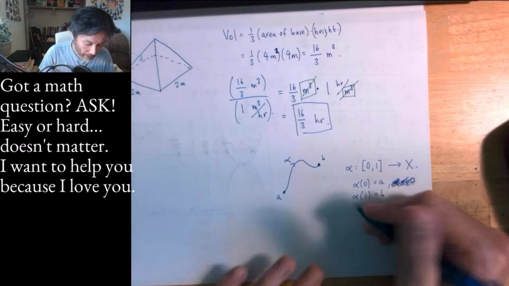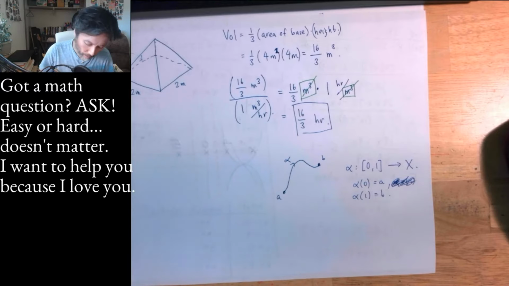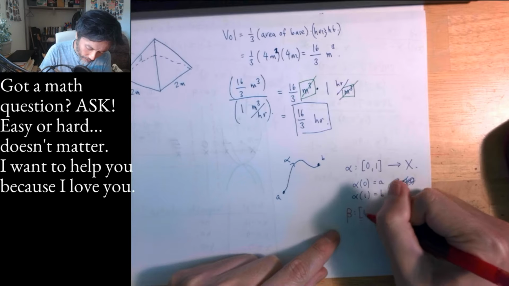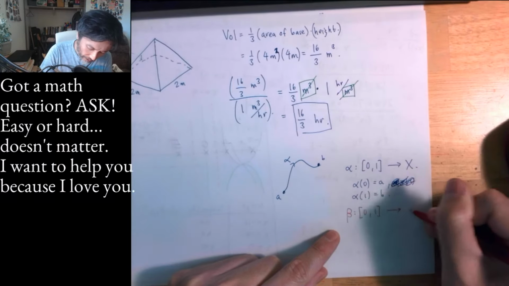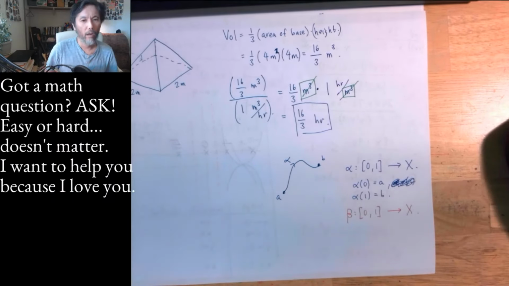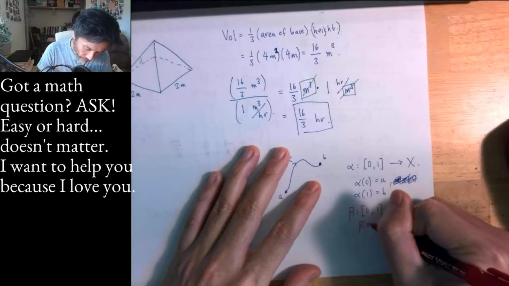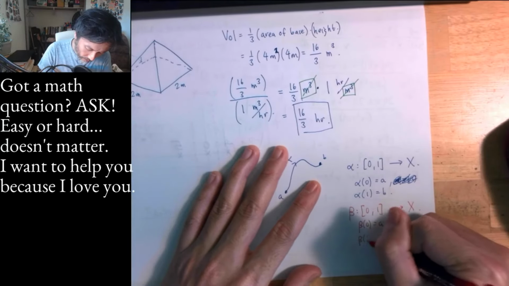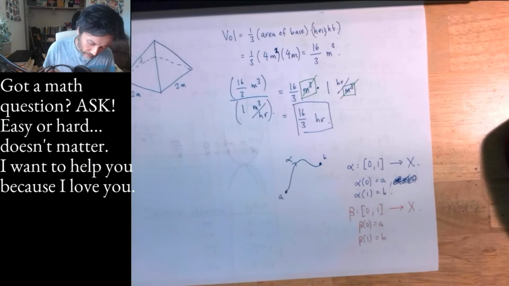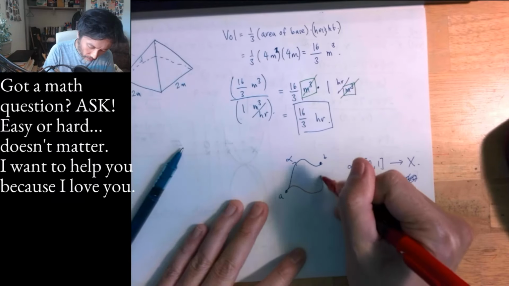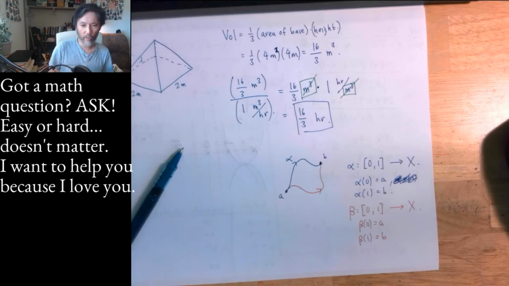Now, you can also imagine another path, beta, which goes from 0 to 1 into X, and which has the same beginning and end point. So beta of 0 is equal to A, and beta of 1 is equal to B. Maybe it does that, going from A to B again.